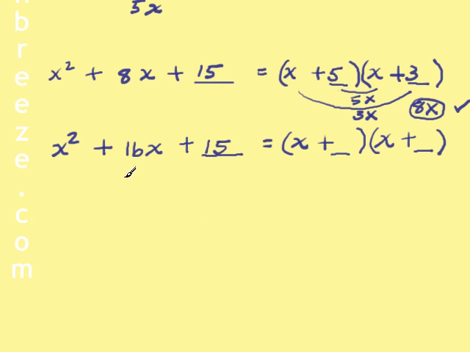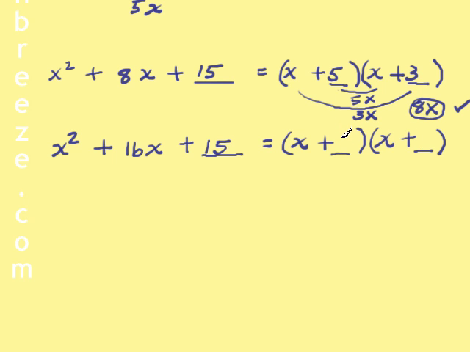Now let's look at the second example. Again, last times last is last, so we need to fill in with two numbers whose product is 15. Well, if we try 5 times 3, we know that that won't work because then outer and inner will be 8x, but we have a 16x here. Well, what other two numbers multiply to 15?